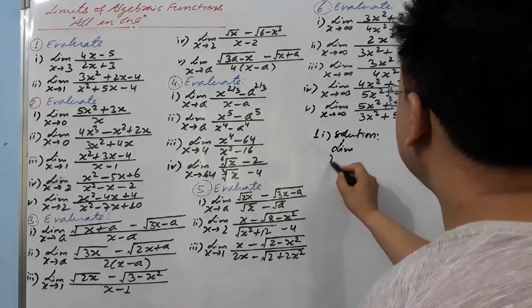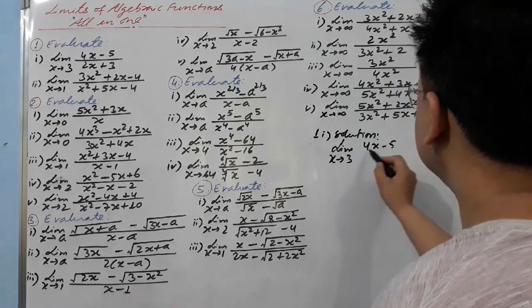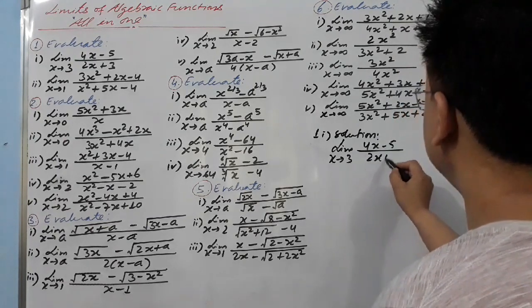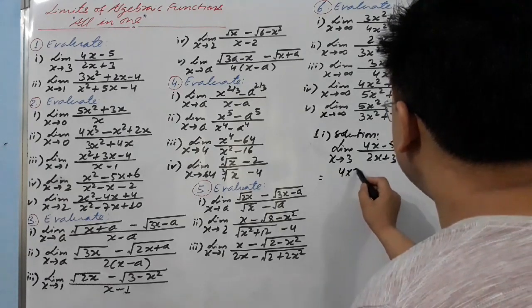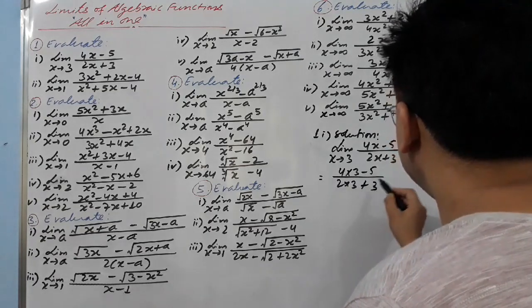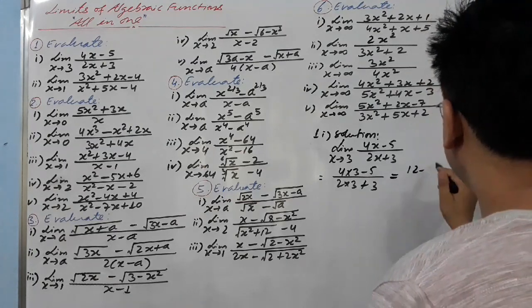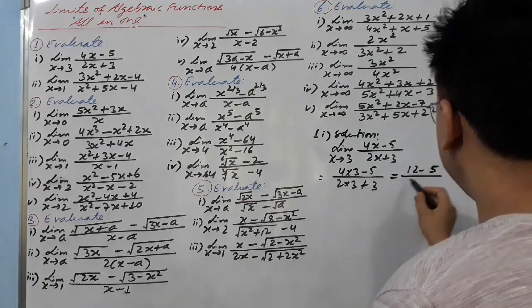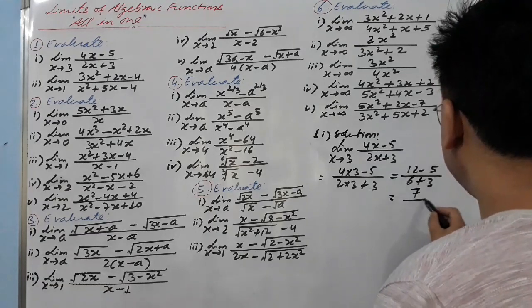Limit as x tends to 3 of (4x minus 5) over (2x plus 3) is equal to 4 times 3 minus 5 upon 2 times 3 plus 3. You get 12 minus 5 upon 6 plus 3, and 12 minus 5 is 7, and here 9.